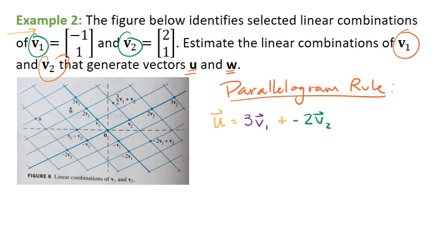So remember, the parallelogram rule says I can take these two vectors, the one in purple and the one in green, and the diagonal gives me the new vector. So that is the linear combination of vector 1 and vector 2 that generates vector u.